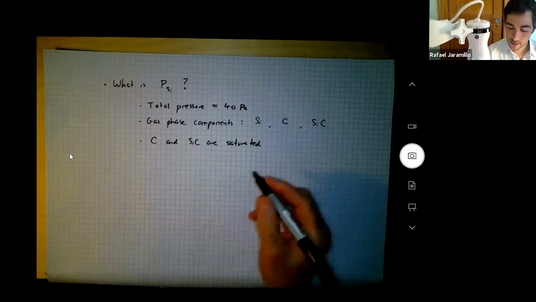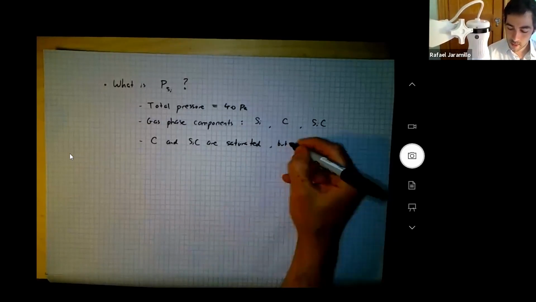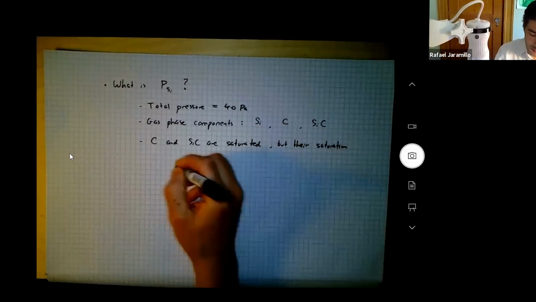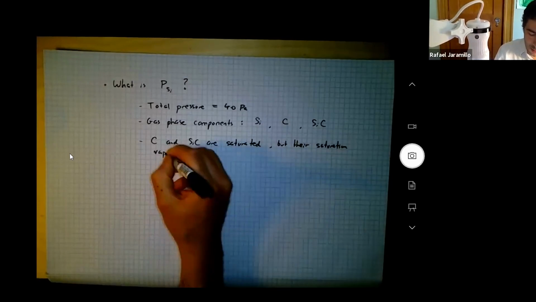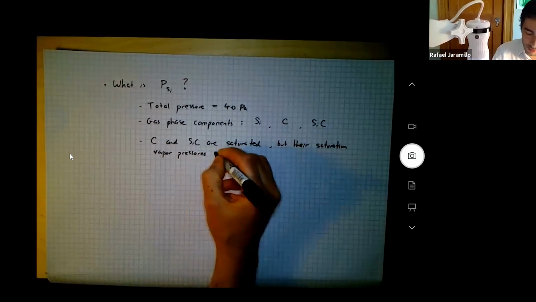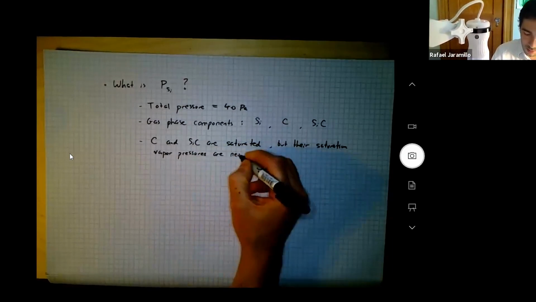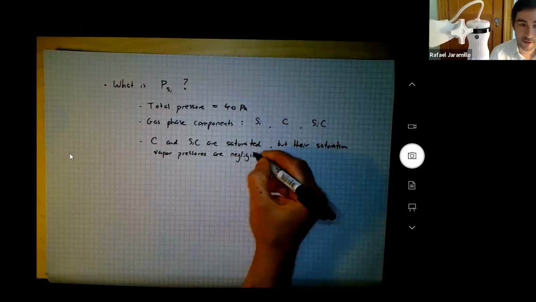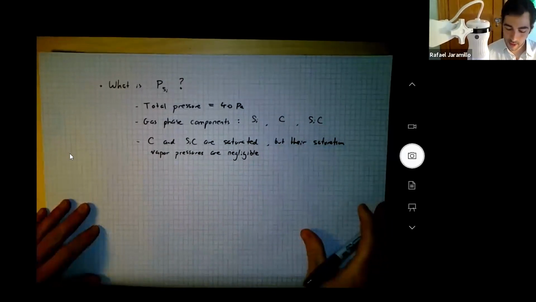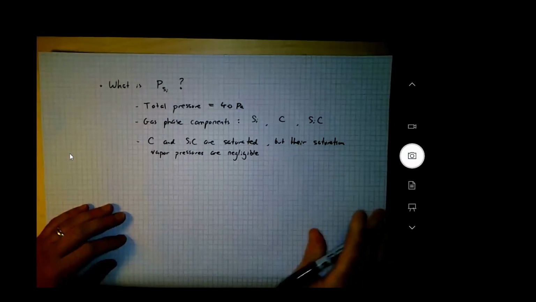But their saturation vapor pressures are negligible because they're refractory materials. We talked about that 20 minutes ago. So what does that mean?